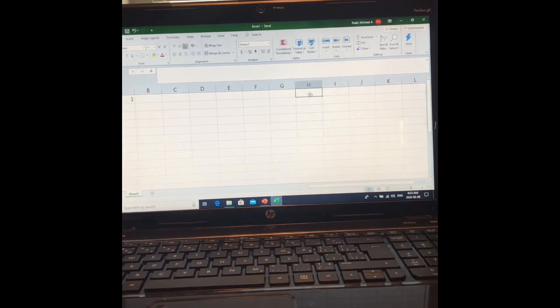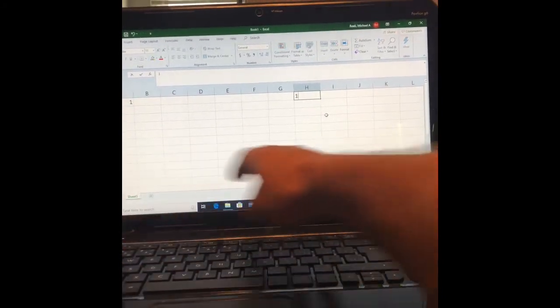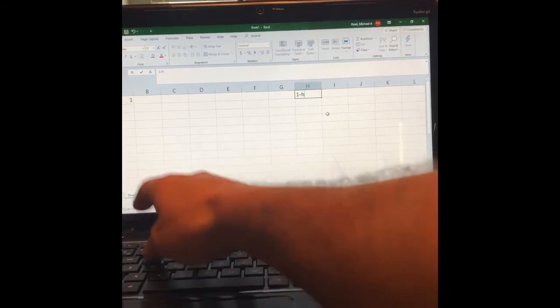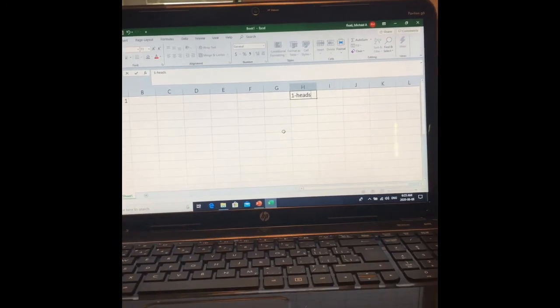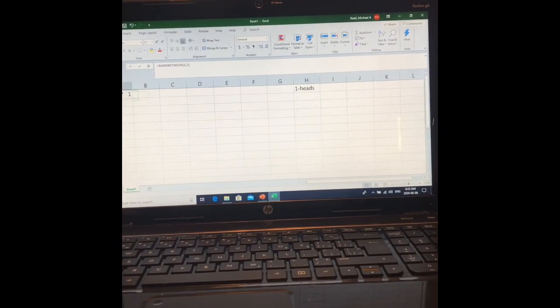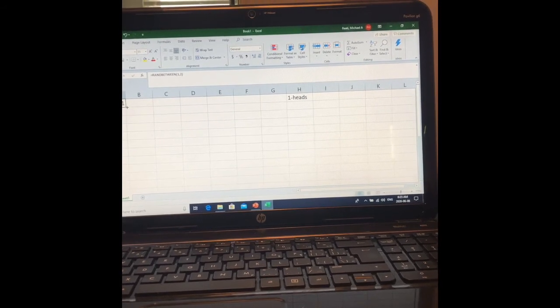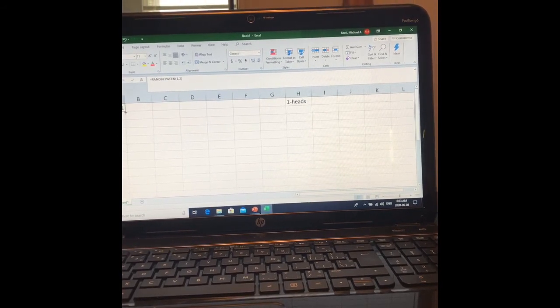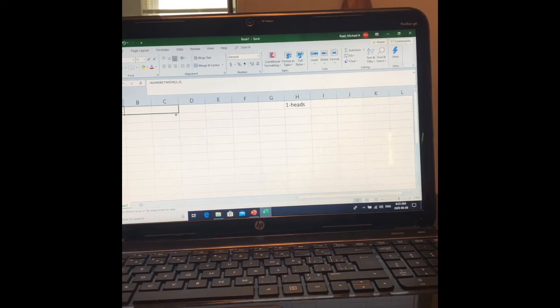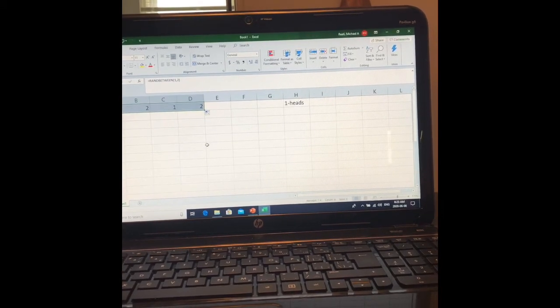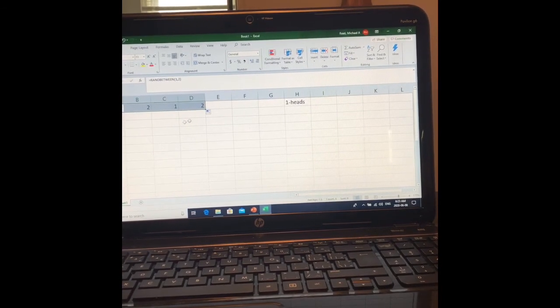So I'm just going to write that over here. 1 is heads, so therefore 2 is tails. So RANDBETWEEN 1 and 2, and you needed to flip the coin 4 times. 1, 2, 3, 4. So there you go. We've got 2 heads and 2 tails.